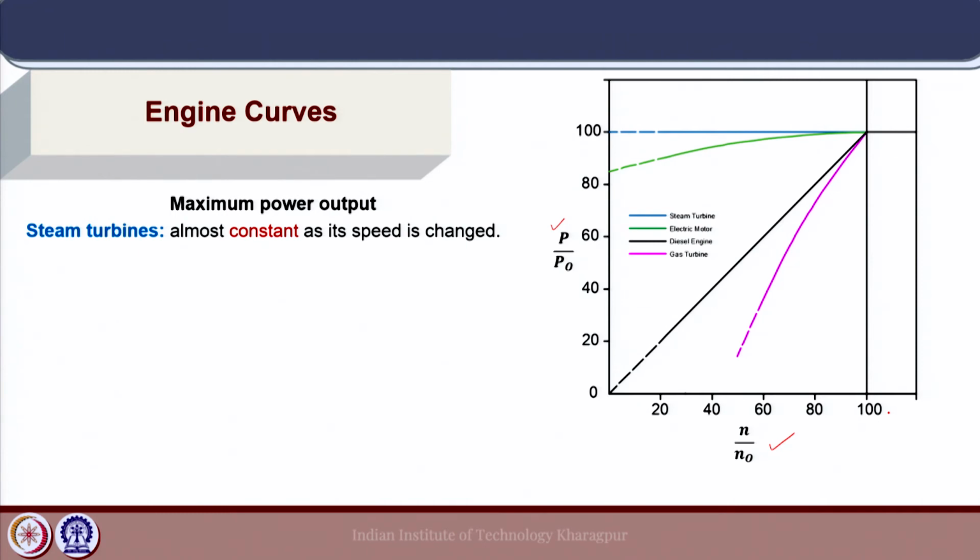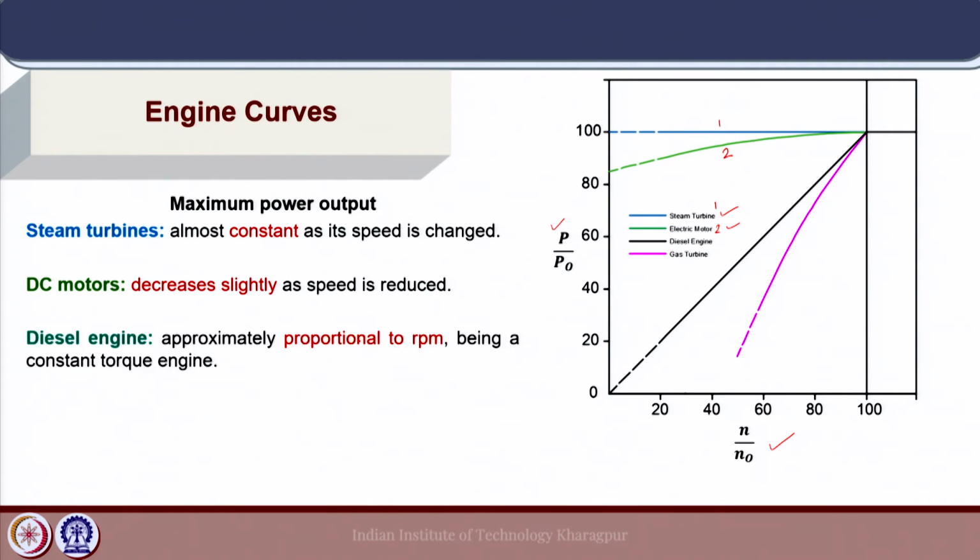The power is plotted as a function of RPM for different kinds of engine. First, we have for the steam turbine curve 1, where the maximum power is almost constant with the change of speed. For DC motors, the power is reduced slightly as the speed is reduced, number 2 here.